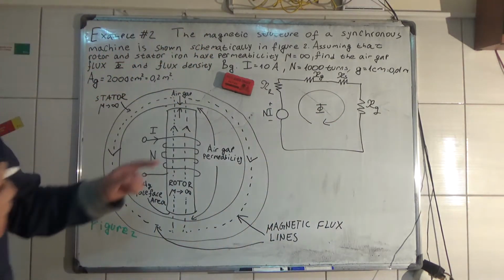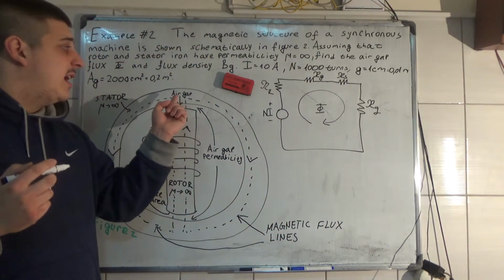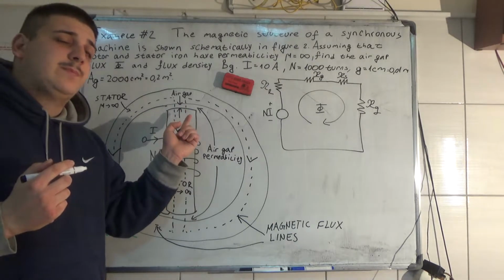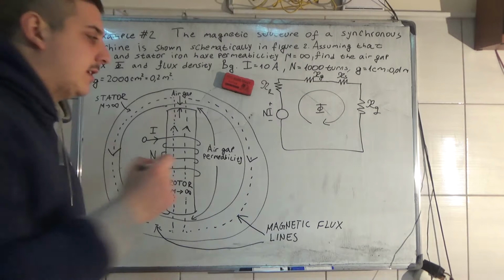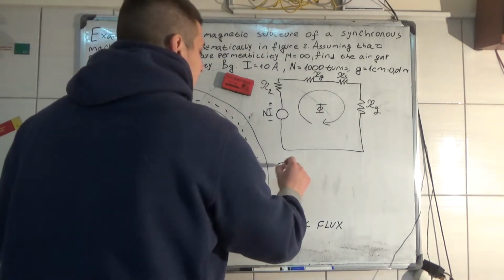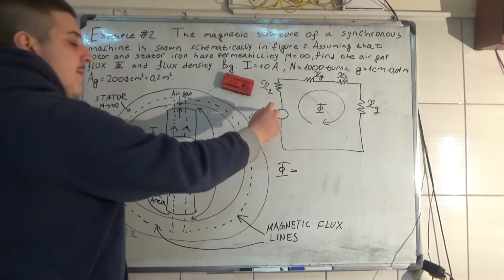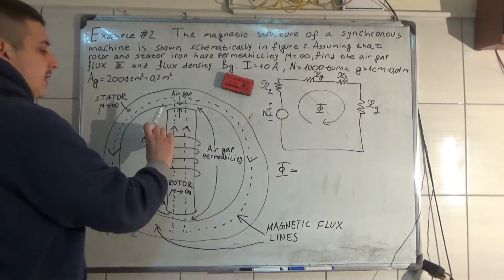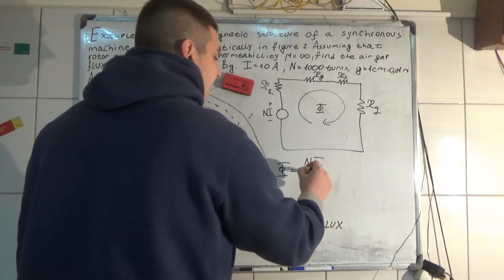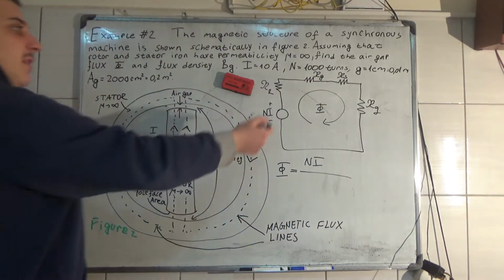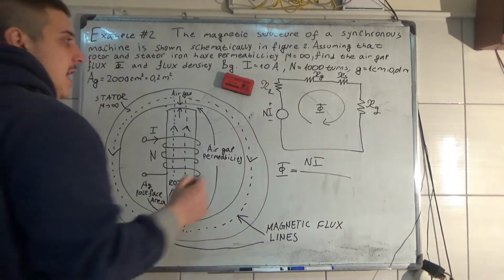So how do we calculate the flux? Well, the flux is equal to the MMF produced, N times I, divided by the series reluctance of these four elements.